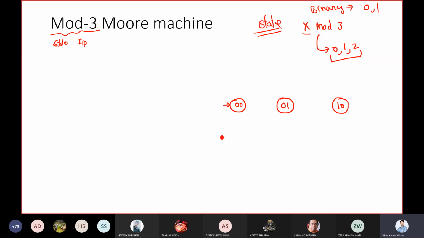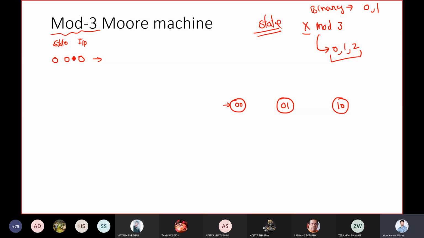Now every state has two inputs. Once you get a 0, where will it move, and once you get a 1, where will it move? These two things we have to figure out, right? So now, when we are in the 0,0 state and we are getting 0, what number does 0,0,0 represent?